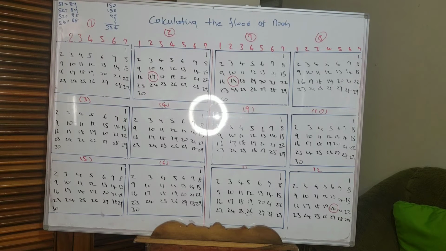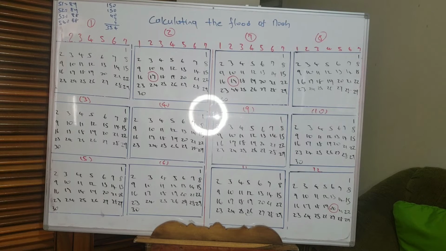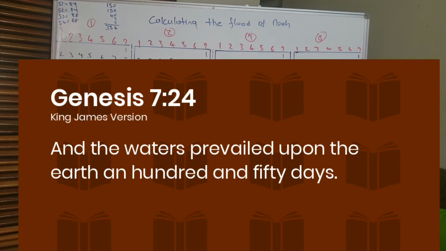Let's read again. In the 600th year of Noah's life, in the second month, the 17th day of the month, the same day were all the fountains of the great deep broken up, and the windows of heaven were opened. Jumping down to verse 24, it says, and the waters prevailed upon the earth 150 days.